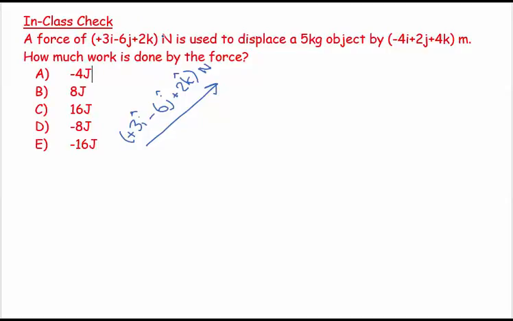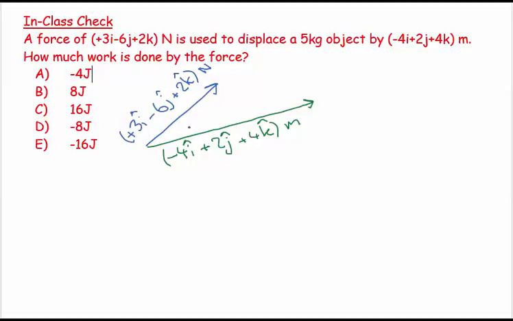All I need to do is represent that this has a certain direction in three-dimensional space. And then my displacement, I'm just going to draw it with another vector, and I'm going to say this is minus 4i plus 2j plus 4k meters. And here again, I'm just symbolically representing it's in a different direction.